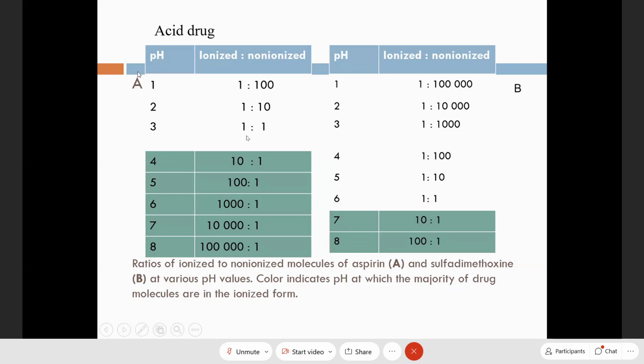The ratio changes predictably for each increment of the pH.